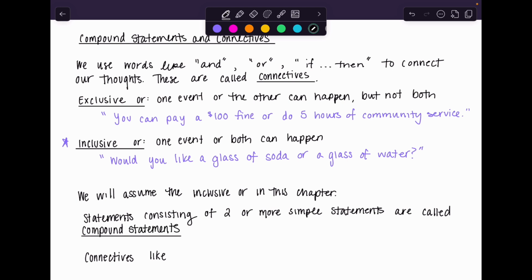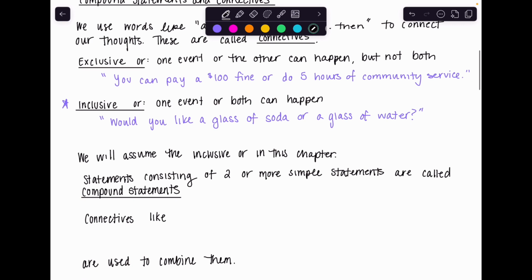Okay. So we have a ton of different connectives. The ones we're going to focus on is we're going to connect them with the phrase and, this and this, or this or this. We have if, then, and in those dot dot dots would be where you put that statement. And then the last one is if and only if.